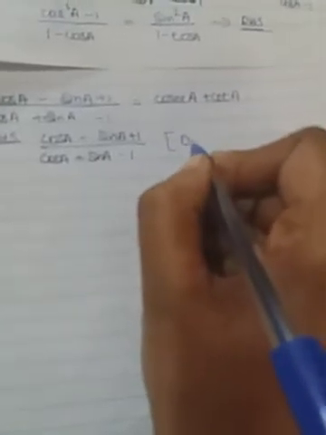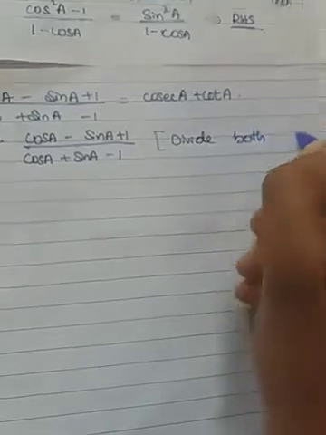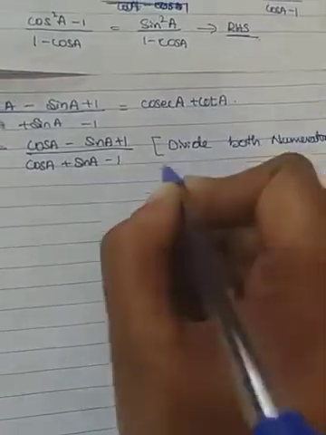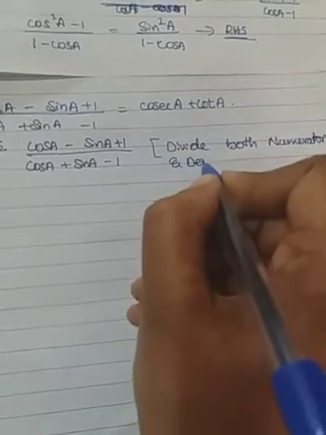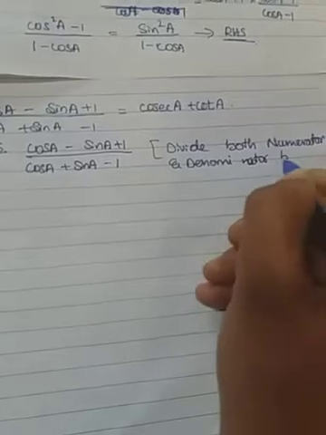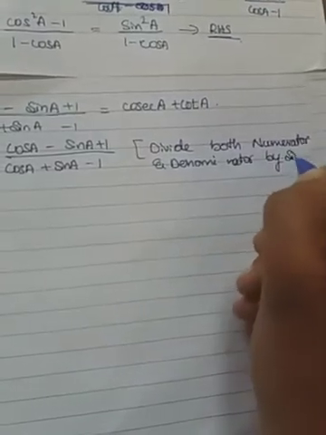Here divide both the numerator and the denominator by sin a. You should write: divide both numerator and denominator by sin a.